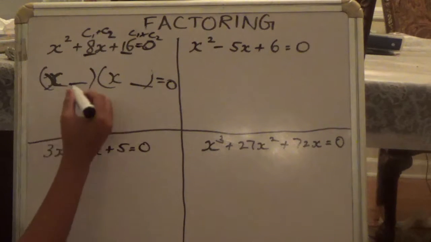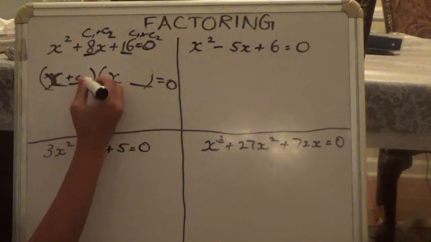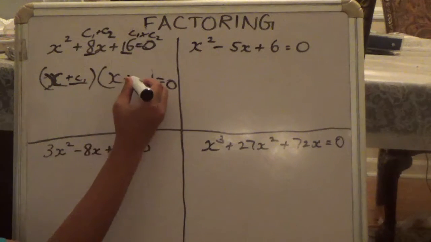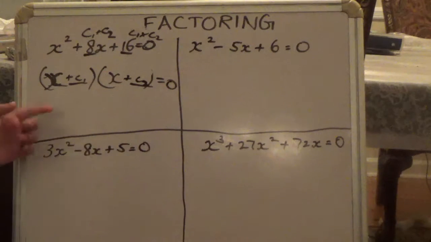Okay, so basically we're trying to find two constants, x plus c1, x plus c2. c1 and c2 can be negative, so it can be x minus something also.